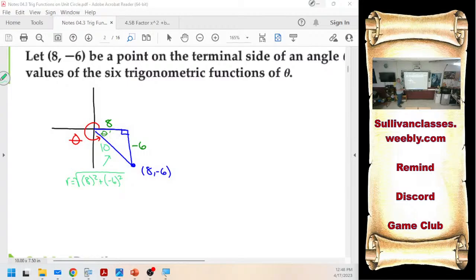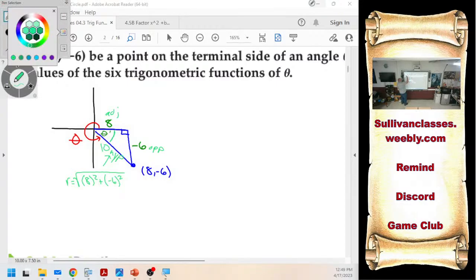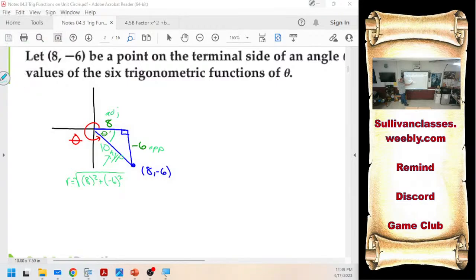I could now, from this angle, talk about opposite, adjacent, and hypotenuse. What I'm telling you is that you don't need any of this, because now we have the XYR shortcuts. Here's an X, here's a Y, go find R.